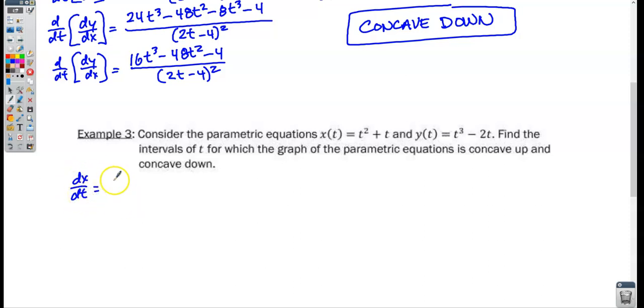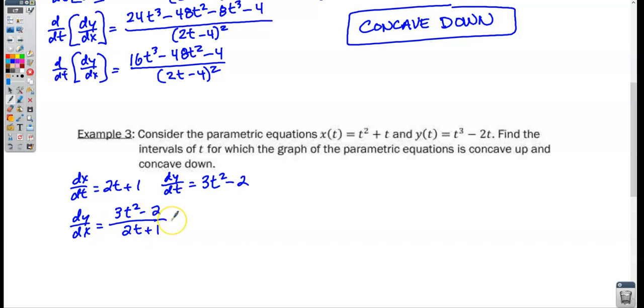Dx dt is going to be equal to 2t plus 1. And dy dt is going to be equal to 3t squared minus 2. And so dy dx is equal to 3t squared minus 2 all over 2t plus 1.